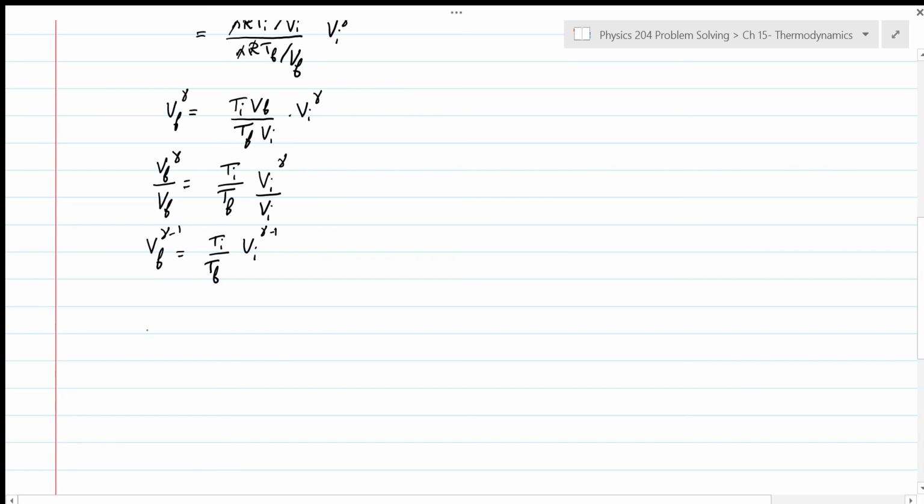Of course, we can put some radical here to get the value of V final directly. So we know that T initial is 393 Kelvin. We found T final to be 327 Kelvin.